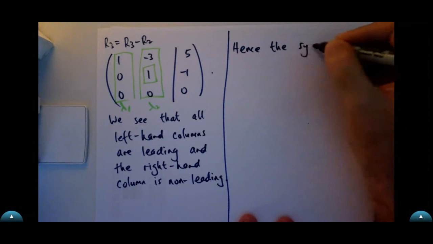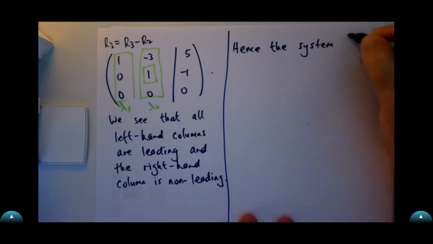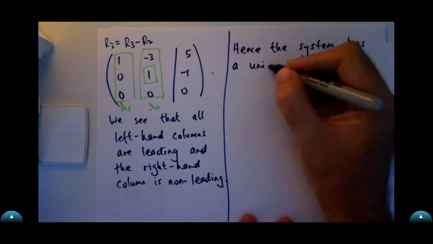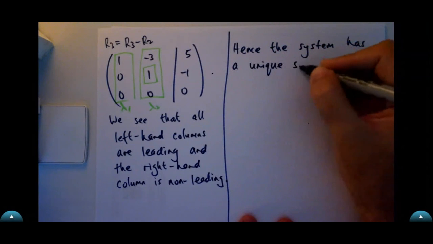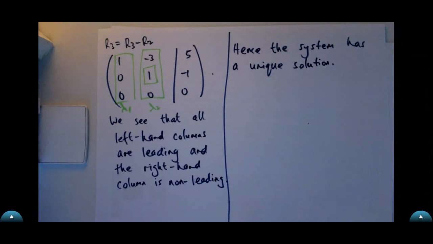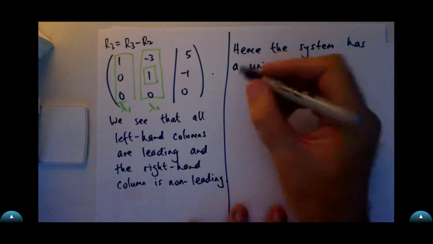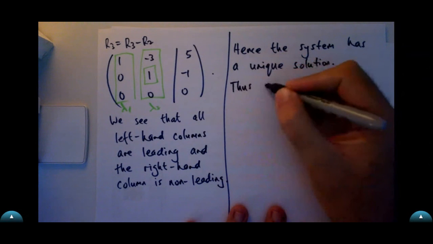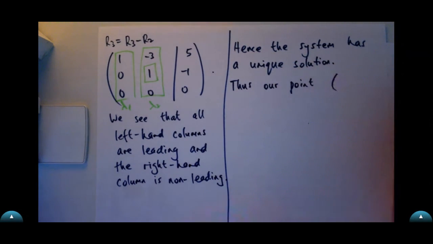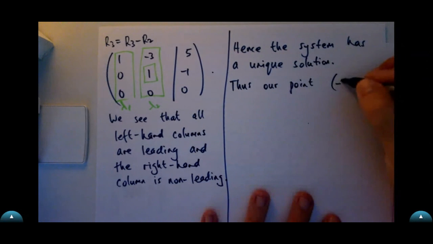Hence, the linear system has a unique solution. Thus, our point P must lie on the plane.